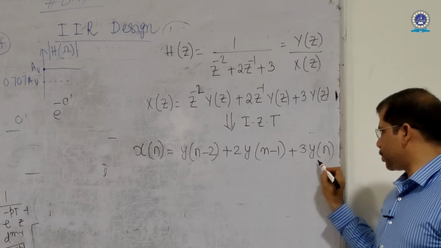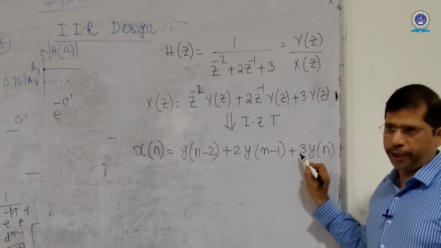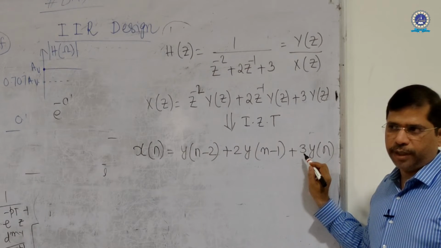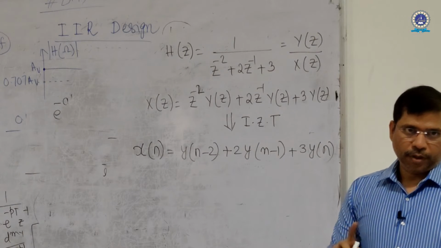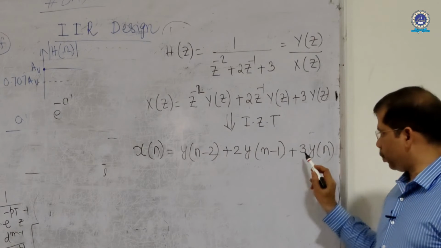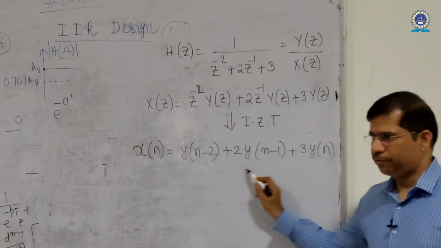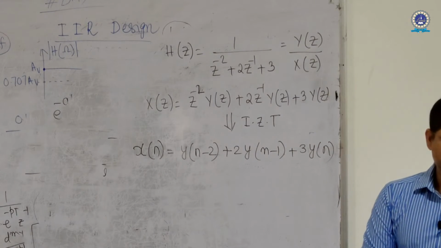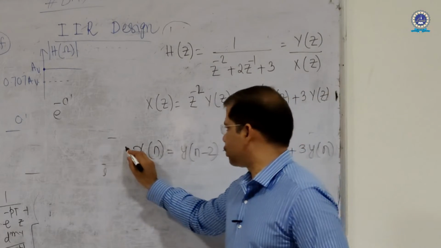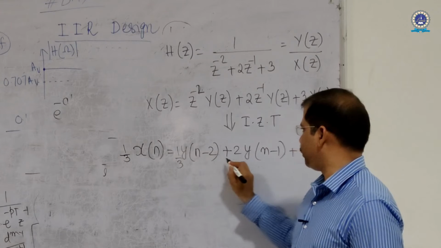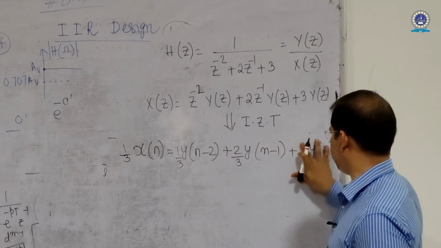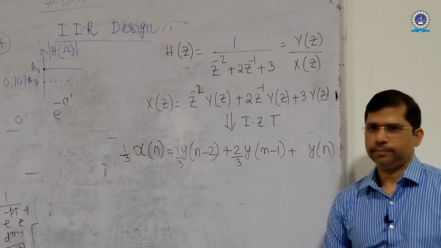What you need to do is look at the y of n coefficient and make it 1. To make the y of n coefficient 1, you have to divide the whole equation by 3. So this is going to be 1 by 3, and here also 1 by 3, this is 2 by 3, and this is x of n.